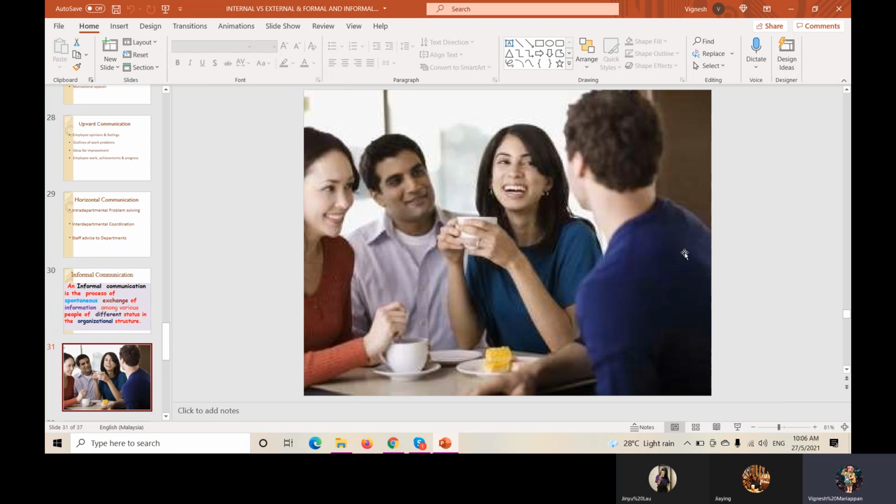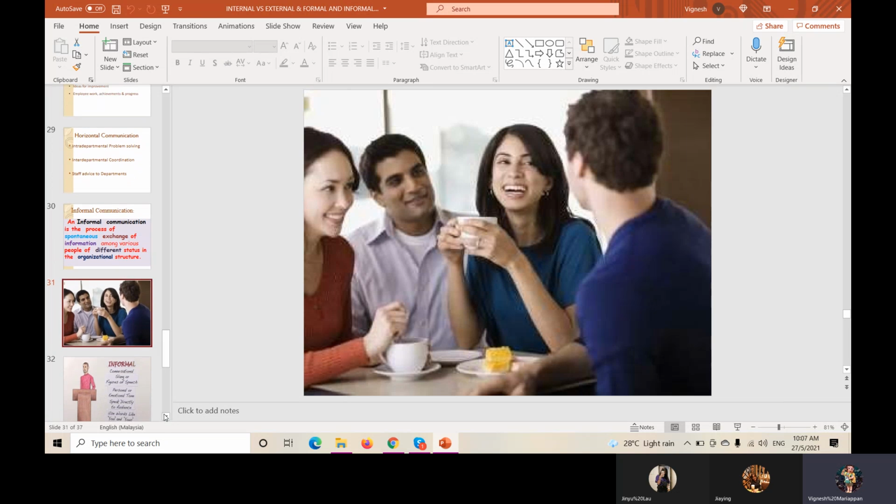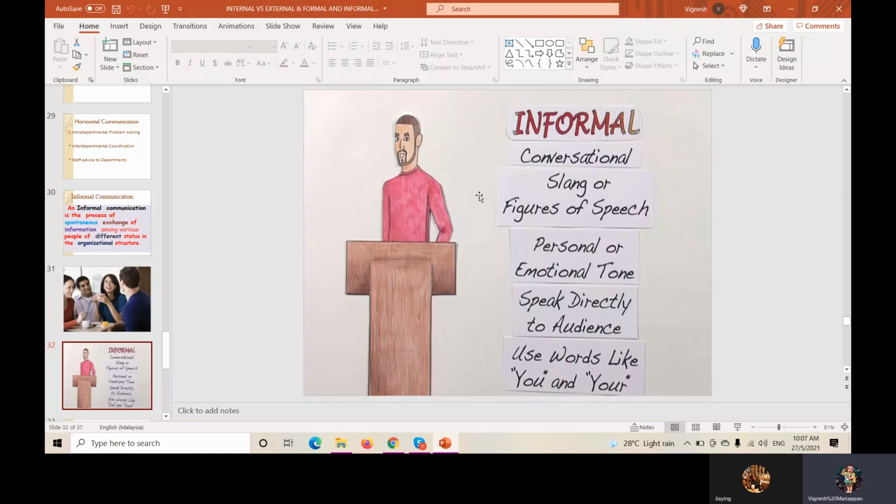This is the formal and informal communications. It means you are sitting here just talking to each other, spontaneously exchanging or giving feedback. So we call it informal communication. Okay, so informal communication also has some characteristics.